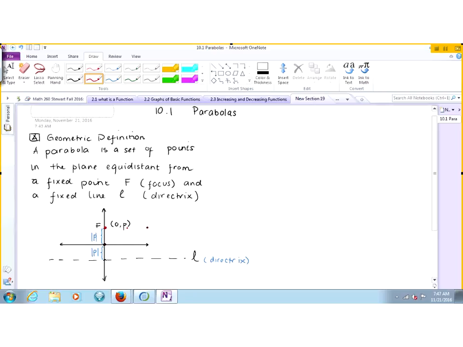So the distance here is 2p. All right, and to the left also 2p. So this point right here is 2p comma p. Well, you don't have to write that down, but we know that the distance here is 2 absolute value of p, 2 absolute value of p, and this is your parabola.